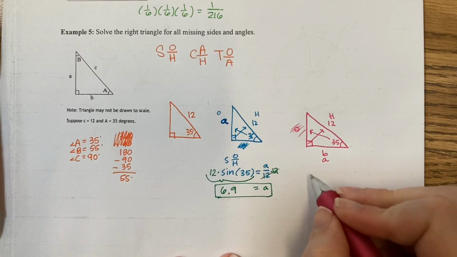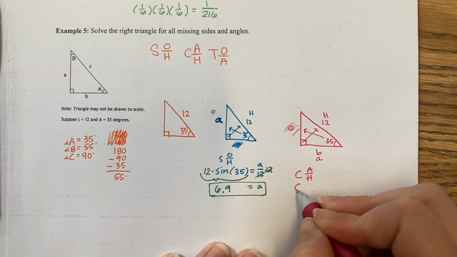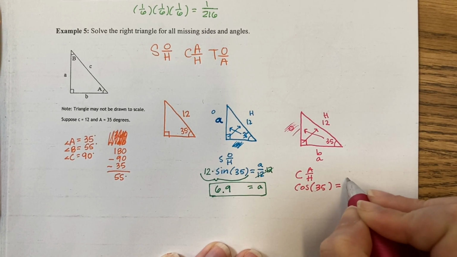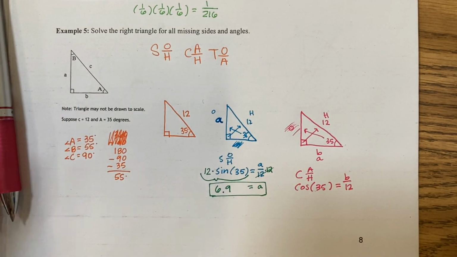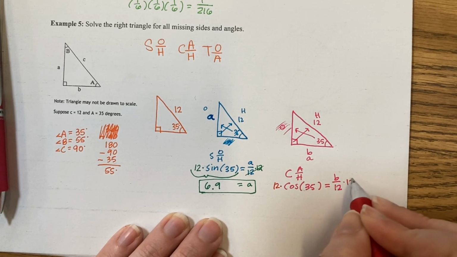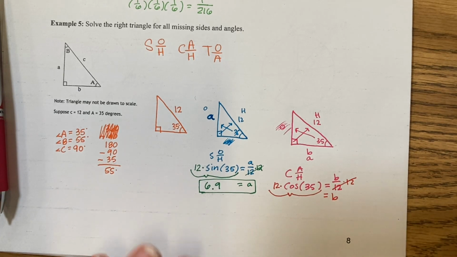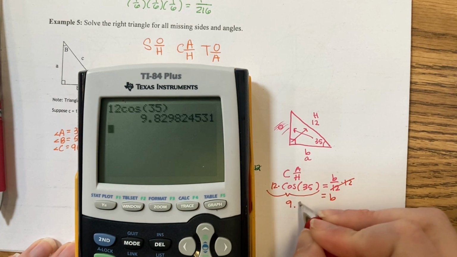That means I am using A and H. That is CAH: cosine of my angle equals A over H, times by 12. And this is what I answer on my calculator to find B. 12 cosine 35. 9.8.